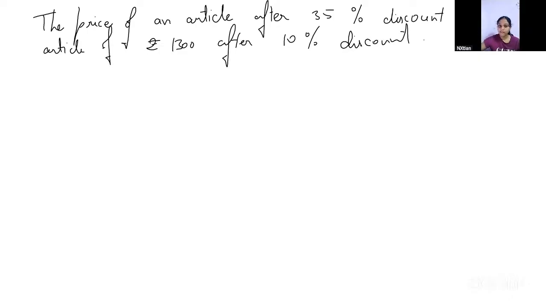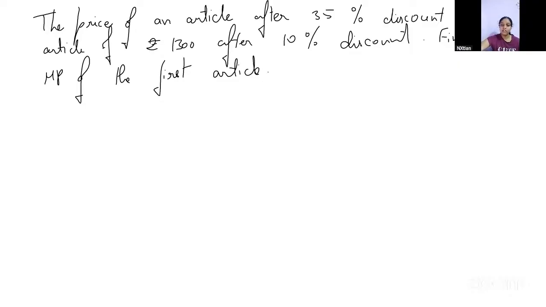Find the market price of the first article. This was the question. The price of an article after 35% discount is equal to another article of rupees 1300 after 10% discount. Find the MP of the first article.